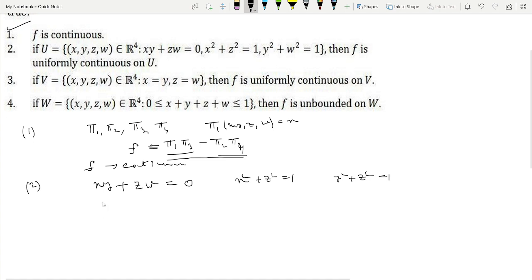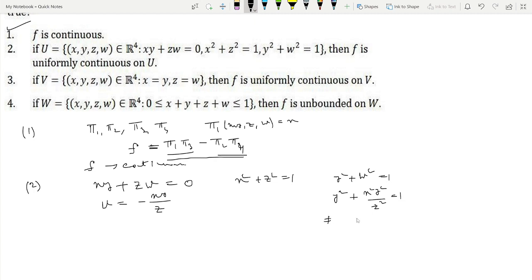Now from here we can write w equal to minus xy by z. Then putting this w in the third equation, y square plus w square equal to 1, we have y square plus x square y square by z square equal to 1.